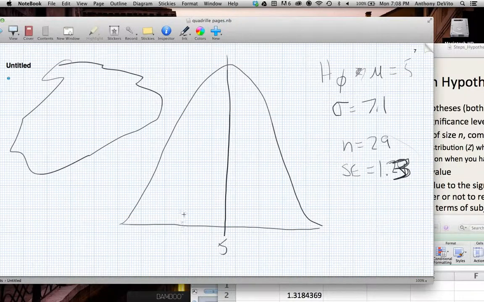What percentage of the time will I expect to get a sample mean less than 3.7? Well, this is 32% of the time.